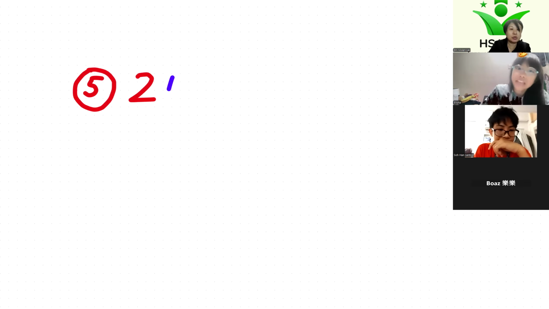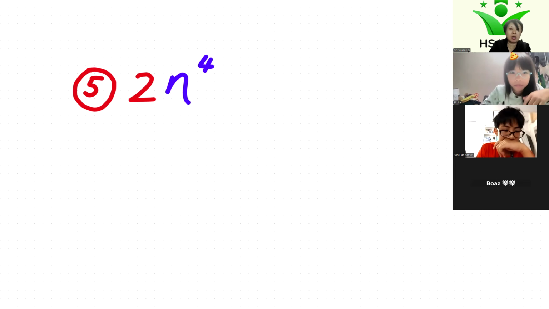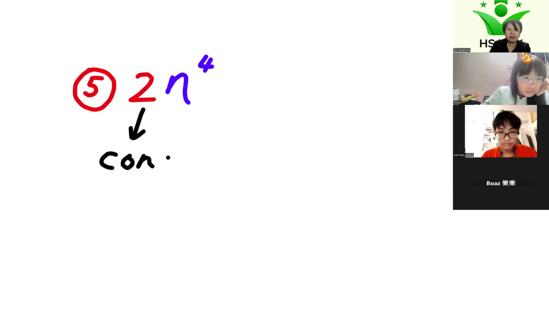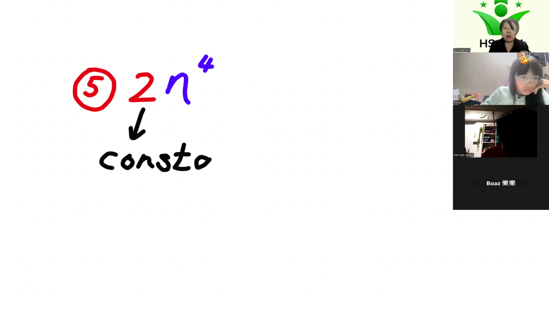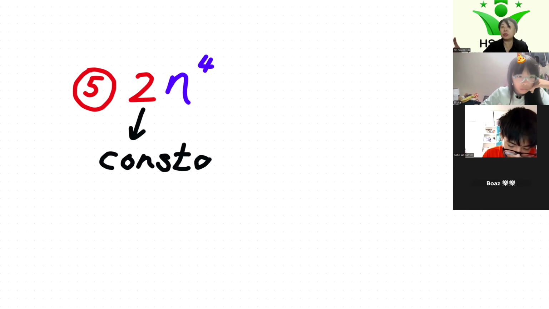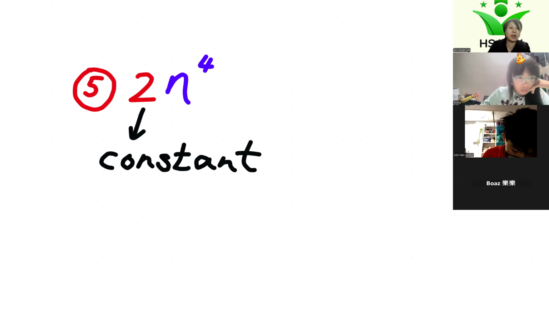I want to introduce you to a concept first. This 2 is called a constant. You need to know this. In later math, I will use the word constant. It means the number. Any number, 1, 2, 3, 4, we call constants in English.